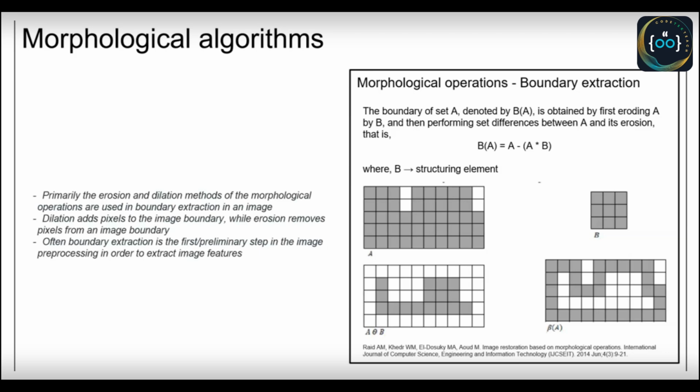The process of erosion in a morphological operation involves convolving a kernel with the input image. For each pixel in the image, the kernel is centered on that pixel, and if all the pixels under this kernel are 1, the original pixel is left as it is, usually 1 for binary images. If any pixel under the kernel is 0, the original pixel is set to 0.